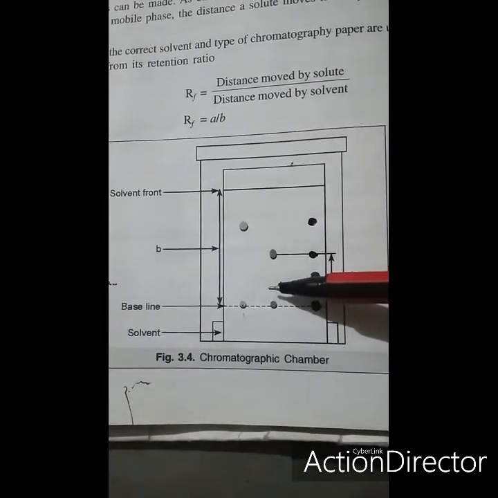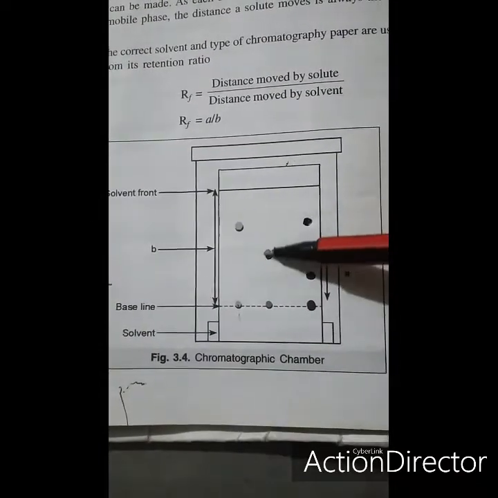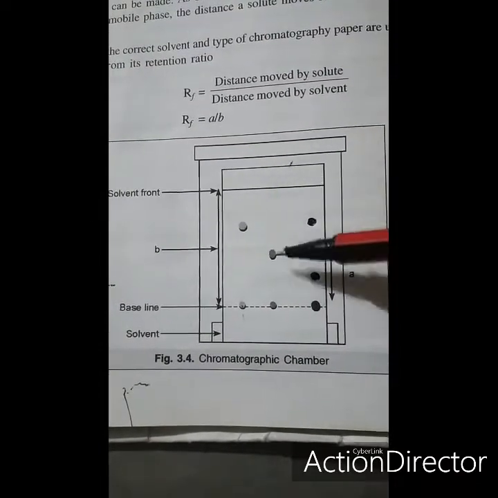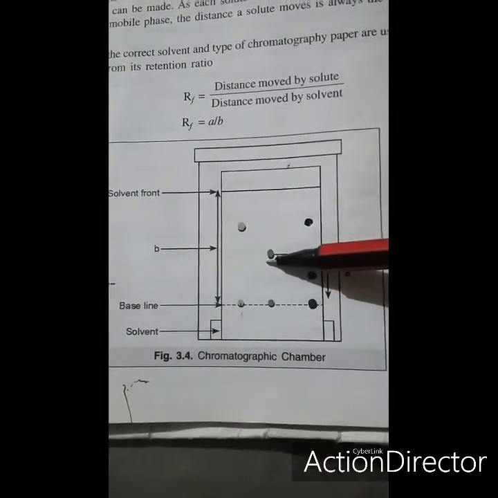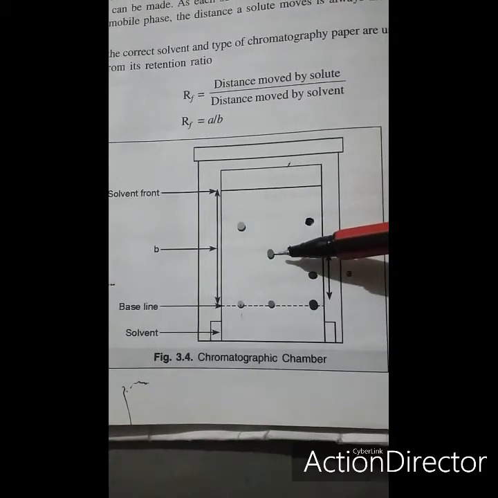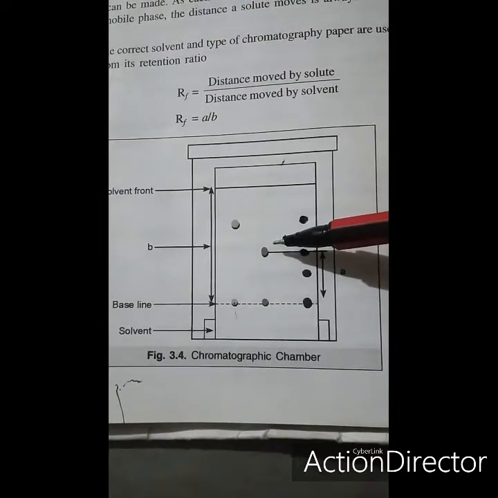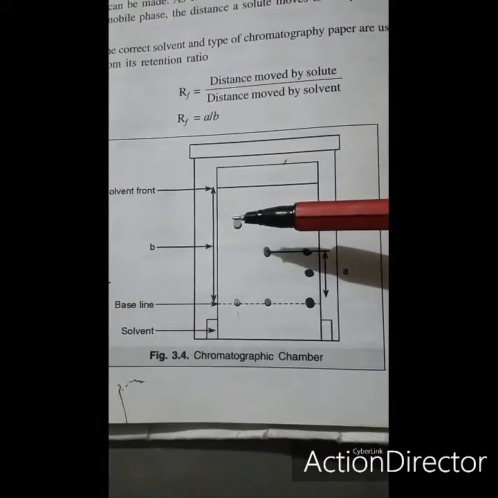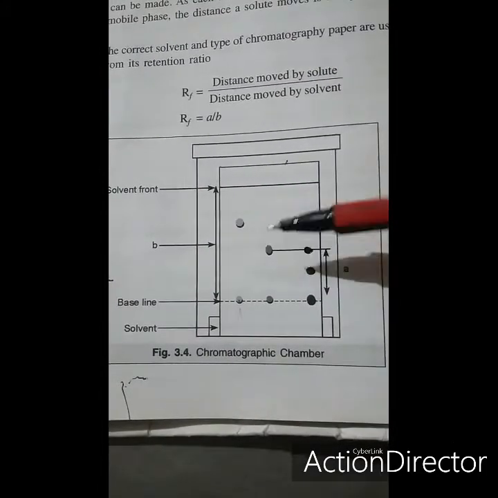The spray reagent is used because whatever solute you have taken will form a complex with it and give you color, so that it can be visible easily. Many times the color is not visible, so in that case you observe it under UV light, where many spots are visible.